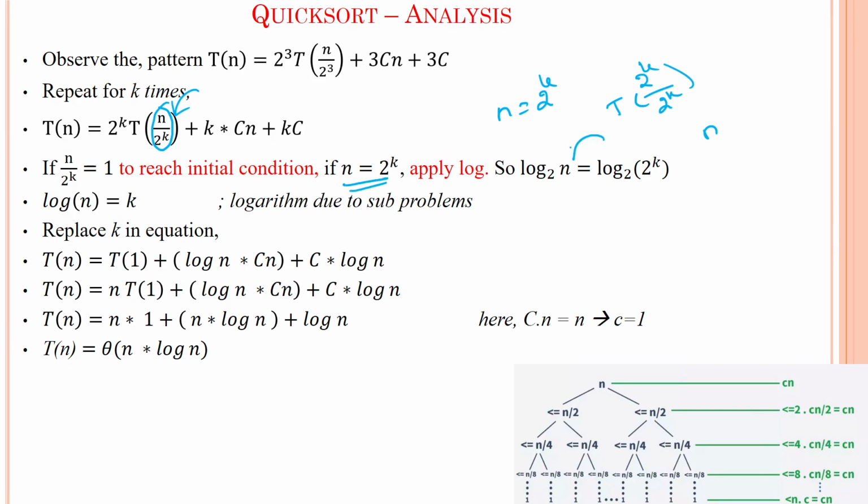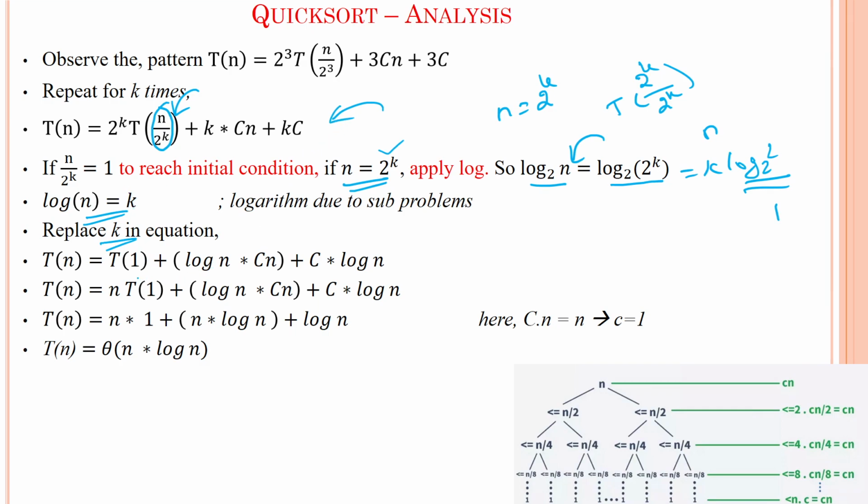When you are applying the logarithm on both sides, right side and left side, you will get log n equal to log base 2 of 2 power k. Then you will get k times log 2 base 2. This term will become 1. Then now k equal to log n. Now replace this in the place of k in this equation.